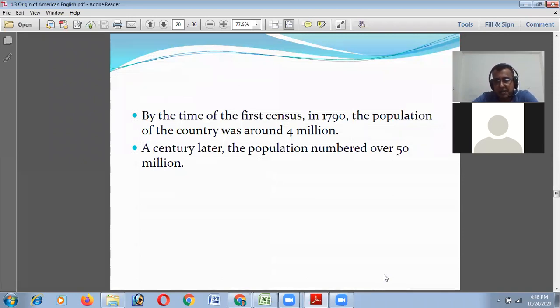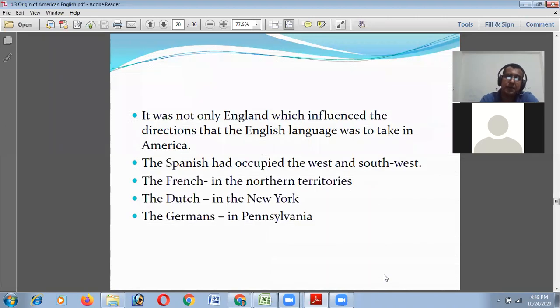So after getting independence, many people from all around the world immigrated to America, and the population reached 50 million. It was not English alone which influenced the direction the English language was to take in America.